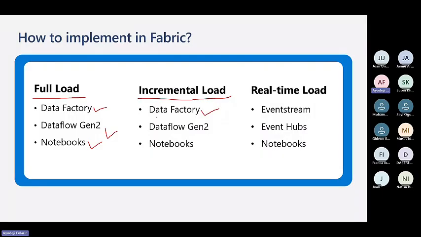This was demonstrated to us by Jane last week, but she did full load. She only showed us incremental, but she demonstrated full load. So we are still going to demonstrate to you how to use all this. And you can also use Notebook. But when we talk about real-time load, you cannot use these two. You can only use Notebook. You can use Event Hub or Event Stream.